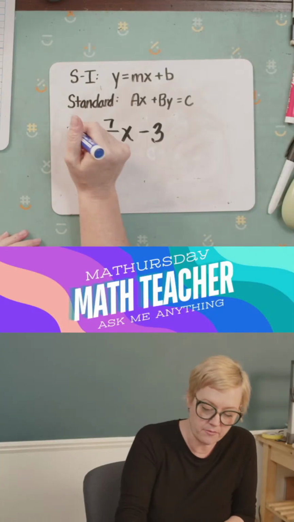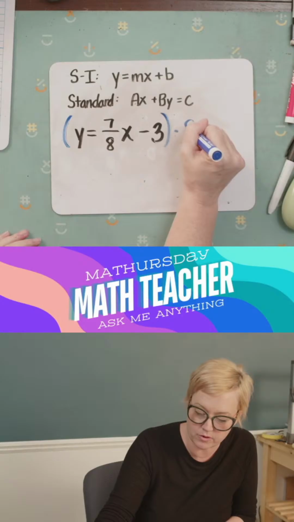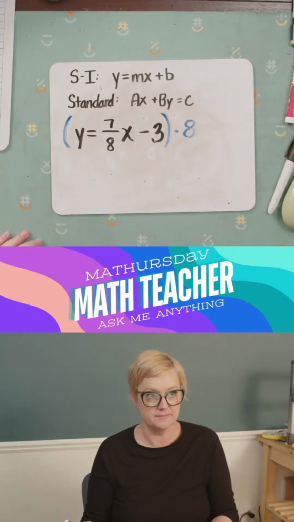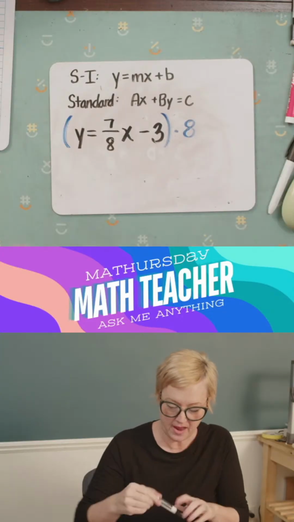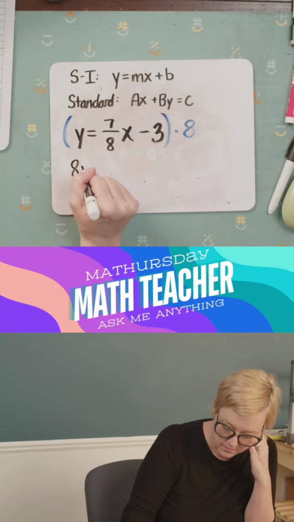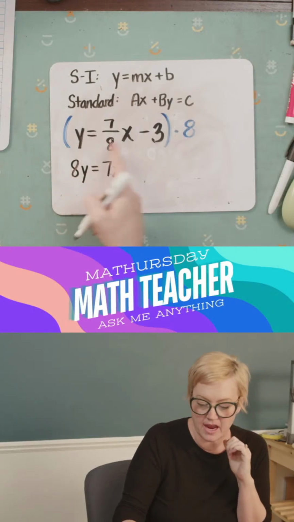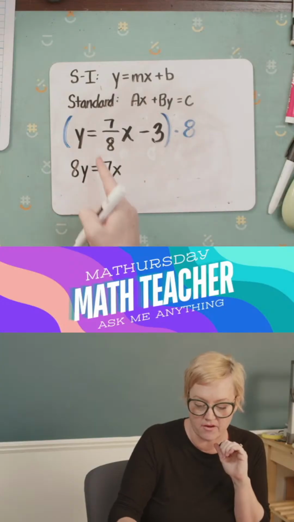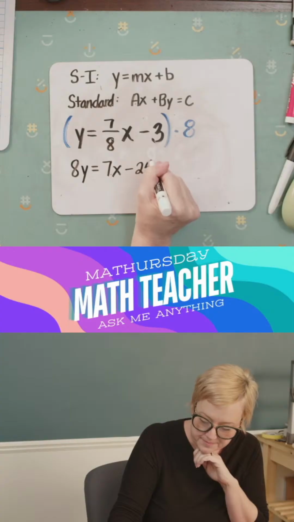So in this case, I'm going to multiply everything, both sides, all the way through by 8. When I do that, I get 8y equals 7x, because 7/8 times 8, the 8's cancel out and I'm left with just 7, minus 24.